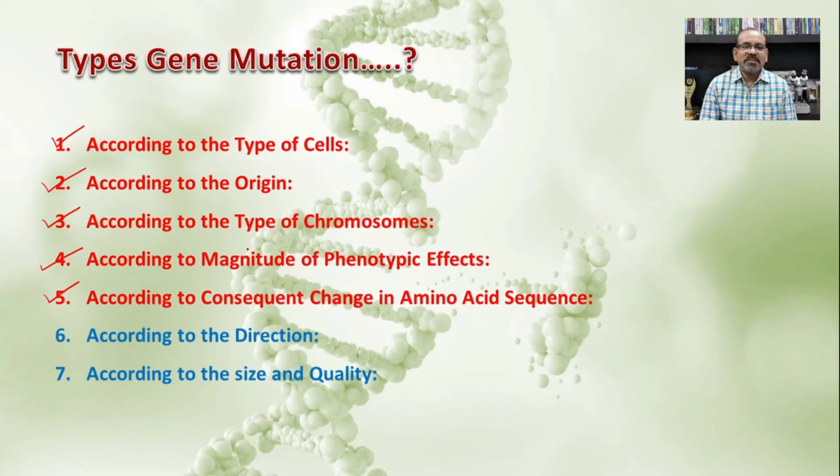So all these 5 different types we will consider in today's lecture, in part 1, and according to the direction and according to the size and quality we will see in part 2 of this gene mutation lecture.